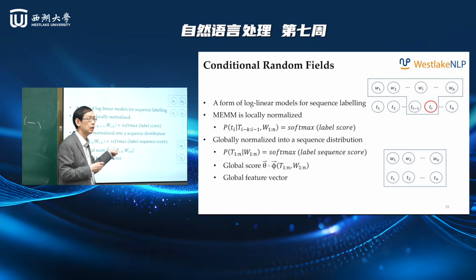Because the denominator is an exponential summation, right? When we do softmax, the numerator is simple, right? E to the power of this thing. But the denominator is the sum of all possible tag sequences e to the power of that thing, okay?